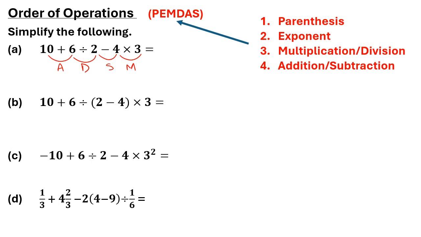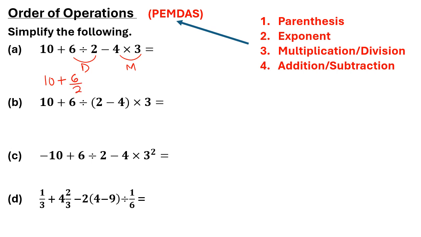Like I mentioned, we are going to take away addition and take away subtraction and focus our attention on solving the parts that have the operations division and multiplication, and we're going to do this simultaneously. So how do we do this? We are just going to drop 10 and go to the addition sign, but when we go to 6 divided by 2, we will rewrite that to look like a fraction.